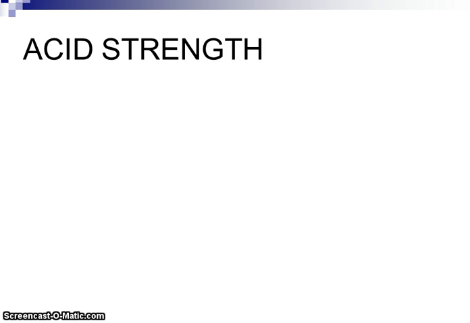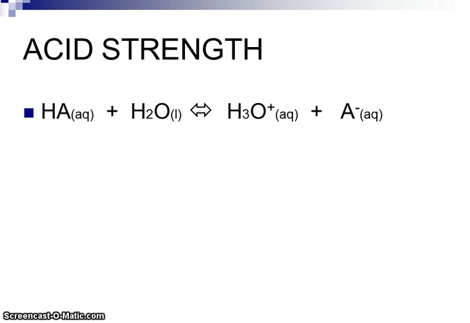Let's talk about the strength of acids. When we look at acids, and we'll just say generically HA for an acid because it's got a proton that it can donate and it's got some negative ion, which we'll just designate as an A because it's an anion. And we add it to water, that acid is going to give up its proton to water and produce hydronium ion and whatever that anion is.